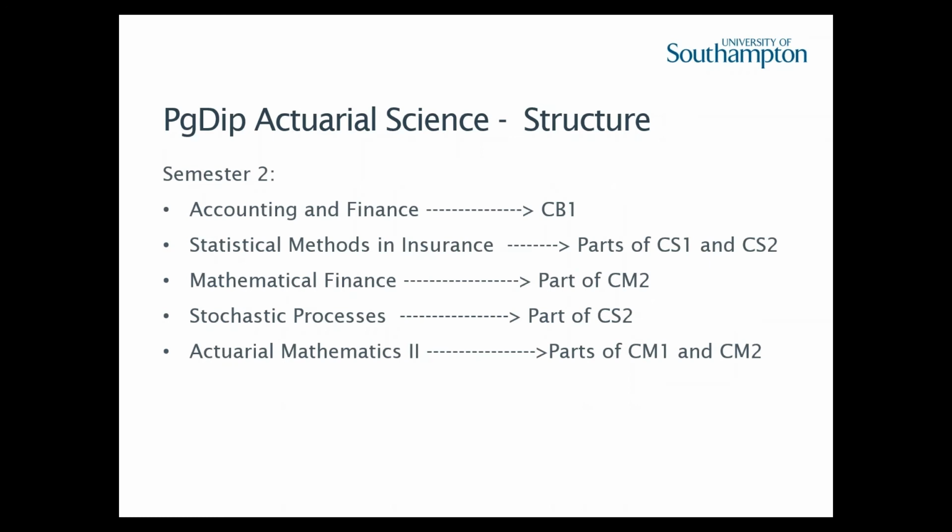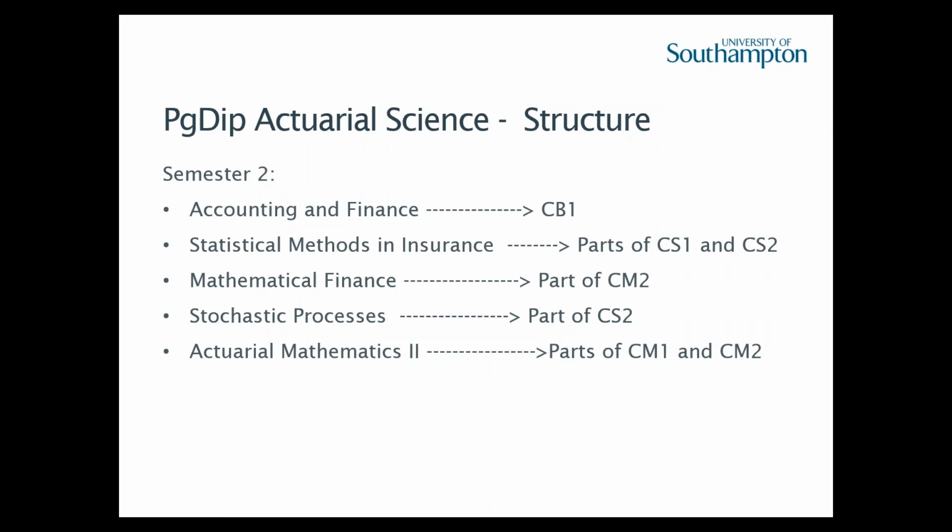In the second semester, you can choose another 5 modules, again where each module maps to a professional subject from the Institute and Faculty of Actuaries. We have the accounting and finance module, which maps to the CB1 exemption; statistical methods and insurance maps to part of CS1 and part of CS2; mathematical finance maps to part of CM2; stochastic processes maps to part of CS2; and actuarial maths 2 maps to parts of CM1 and CM2.